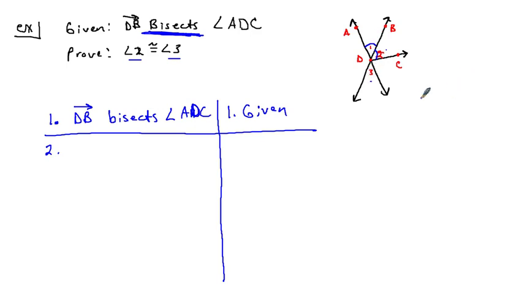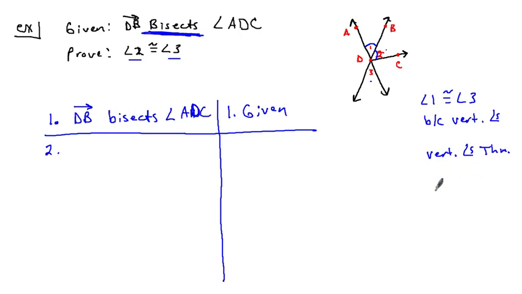So if you're thinking this through, you might say angle 1 is congruent to angle 3 because they're vertical angles. Right? Well, there's more to it than that, though. Why are they congruent? Because they're vertical angles, and that's because of the vertical angles theorem, right? Remember that it says vertical angles are congruent.